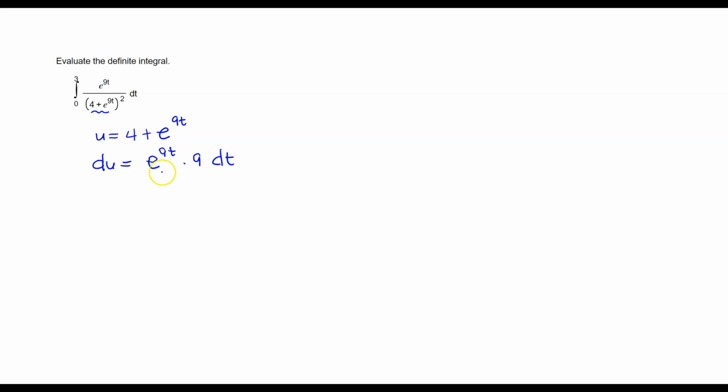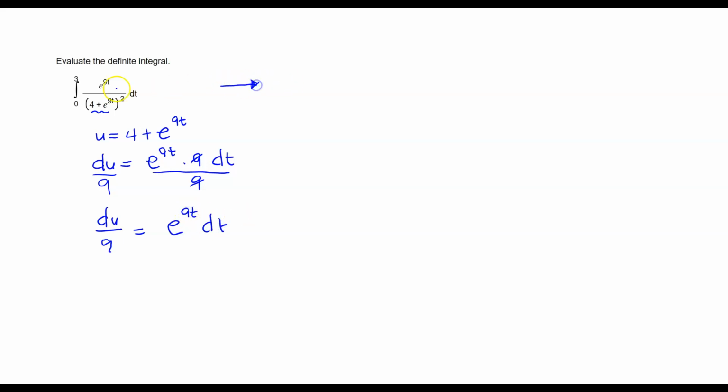So you got 9e to the 9t, which is this expression dt. So to get the expression for e to the 9t dt, you can just divide both sides by 9. So you have du over 9 is equal to e to the 9t dt.